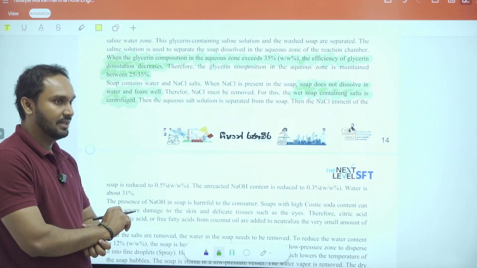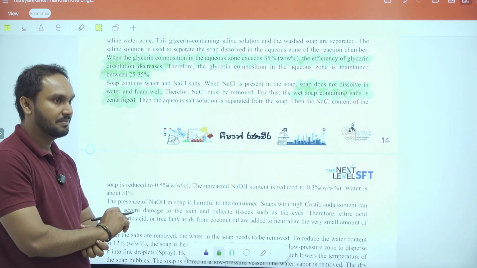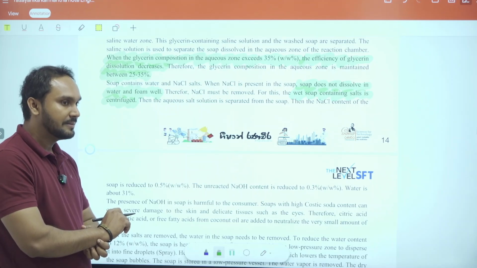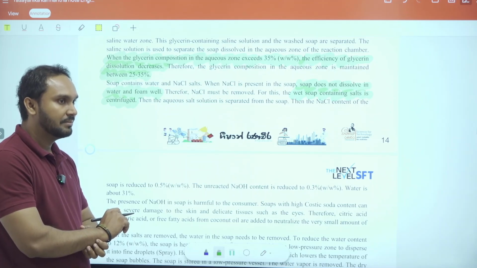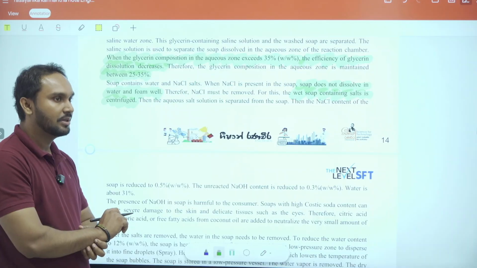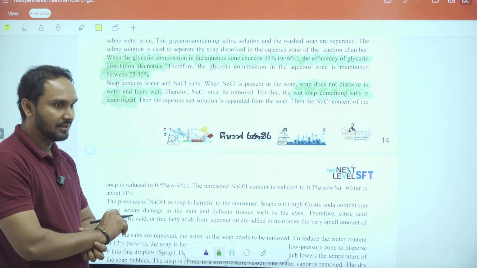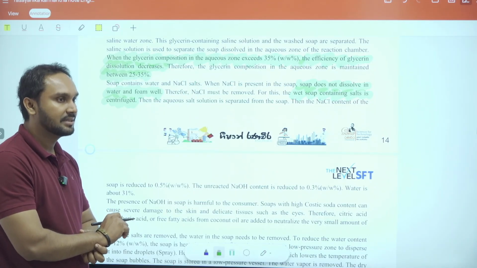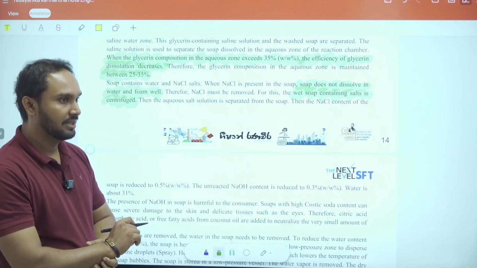The cleaning power is higher. But a higher cleaning power means it removes the sebum, the natural oil in the skin as well. So that damages the skin. Right?